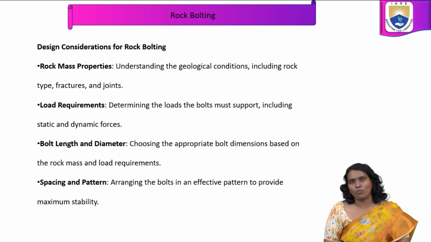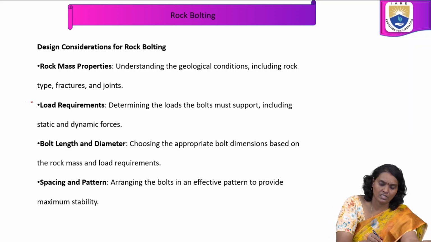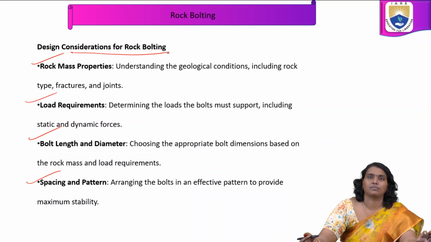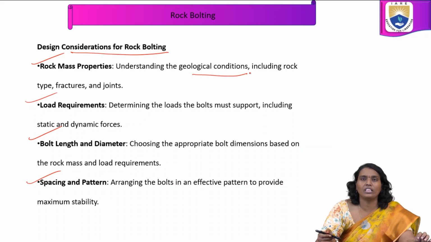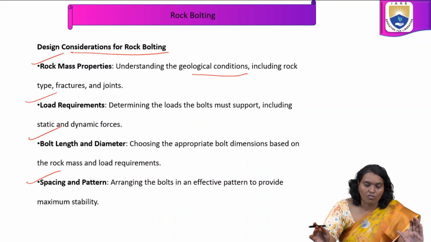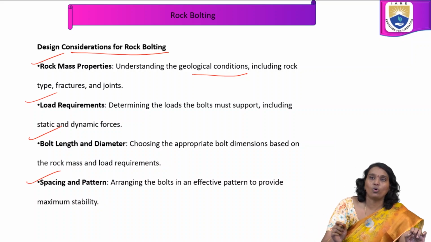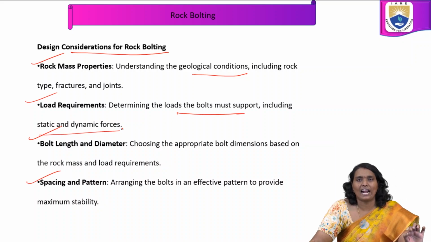In these rock bolting systems, rock mass properties, load requirements, bolt length and diameter, spacing and pattern are the design considerations. So understanding the geological conditions, including which type of rock it is, what the fractures and joints are, and determining the loads the bolts must support, including the static and dynamic forces.